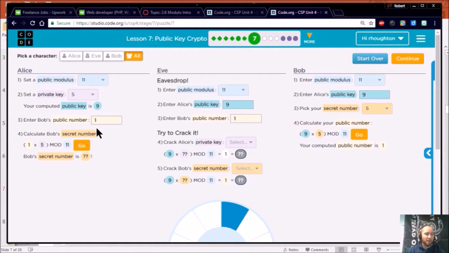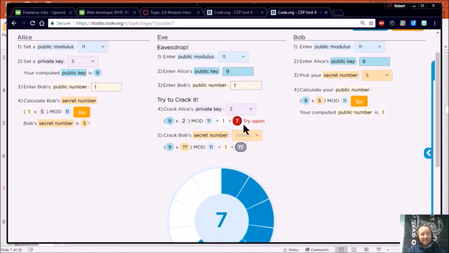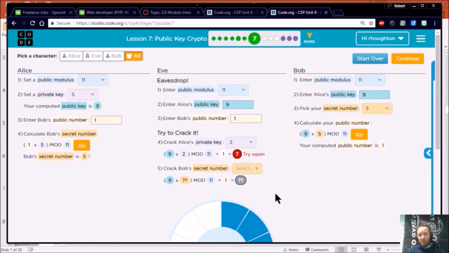He's going to go over here and give that number 1 to Alice. She takes that. She uses the public number and her private number, mod public modulus right here, and this will give her Bob's secret number, 5. Is it correct? It is. And that is basically how public key cryptography works.